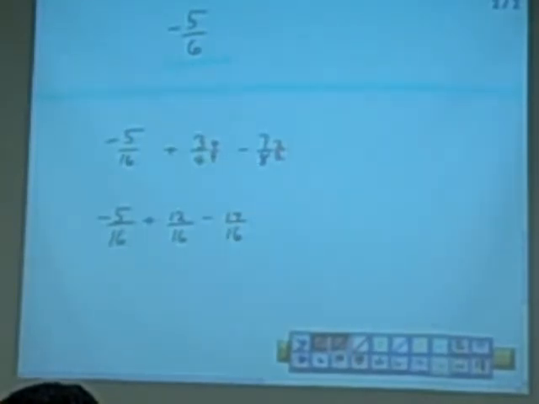Okay, so now, any questions up to that point? Alright, so now we're going to start going from left to right. Look at that. Negative 5 and positive 12, and that's going to give us a what? A positive 7 over 16 minus 14 over 16.